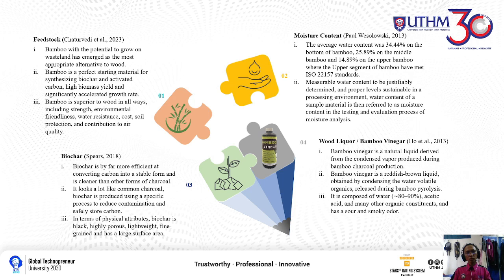Second, moisture content. The average moisture content was 34.44% on the bottom of the bamboo, 25.89% on the middle bamboo, and 14.89% on the upper bamboo, where the upper segment of bamboo has met ISO 22157 standards.